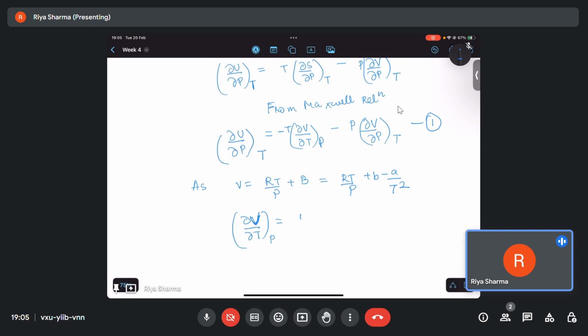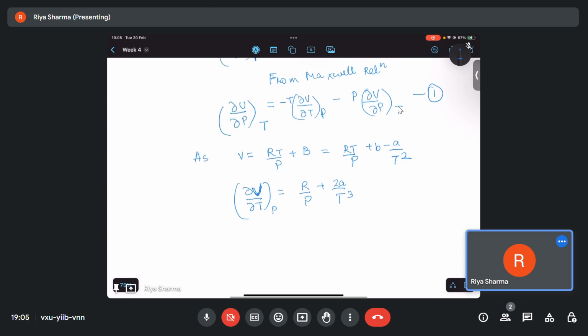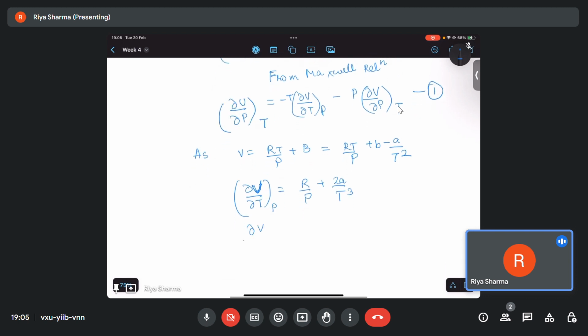So del V by del T will become R by P plus 2A by T cube, and del V by del P at constant temperature.